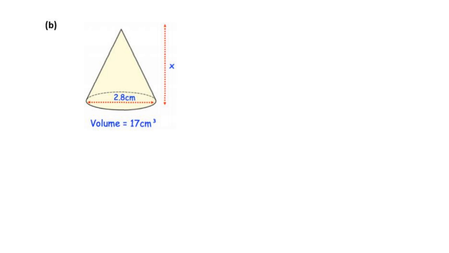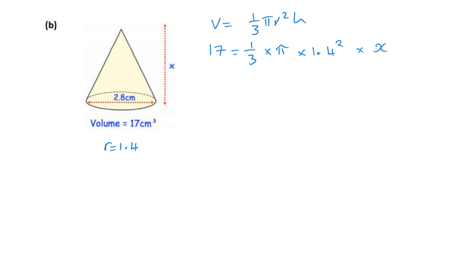Part B, again, nearly the same. So volume is 1/3 pi r squared h. So our volume this time is 17. 1/3 times pi. Now, our diameter is 2.8, so our radius is 1.4 and our height is x. So let's do this bit on our calculator.